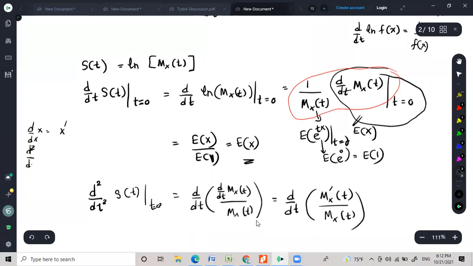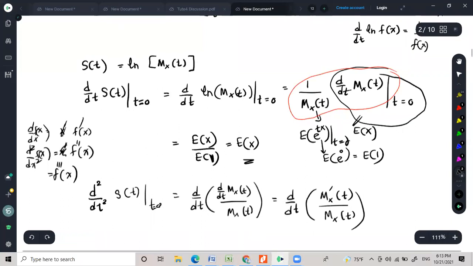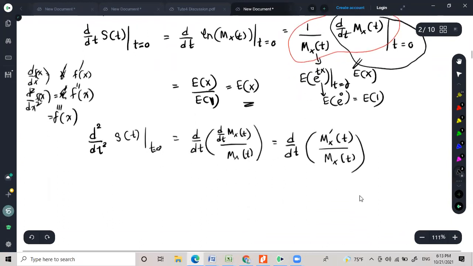Usually we do that with f(x): this is f prime, the first derivative, f double prime, the second derivative, and if you do the third derivative, you write it like this. You can do that with this one too. So instead of d over dt M_X(t), I'm going to write M_X prime of t, just to make the notation easy.